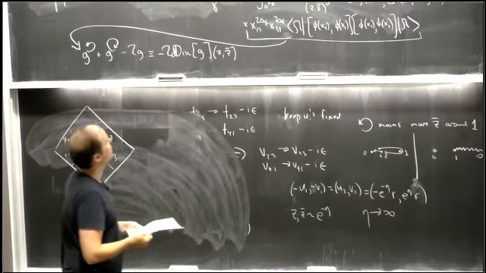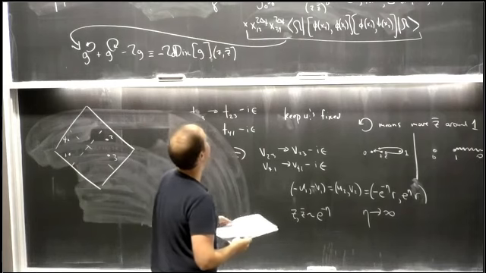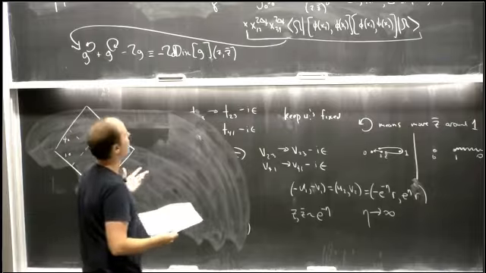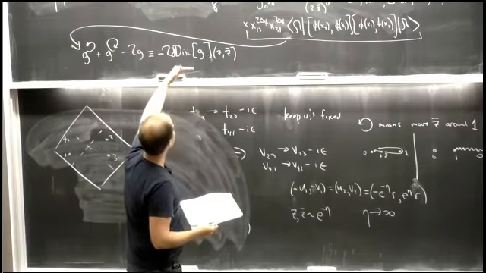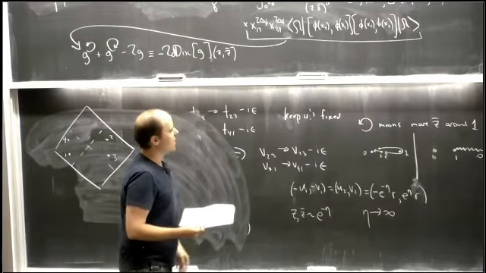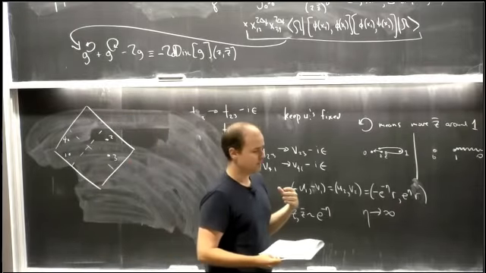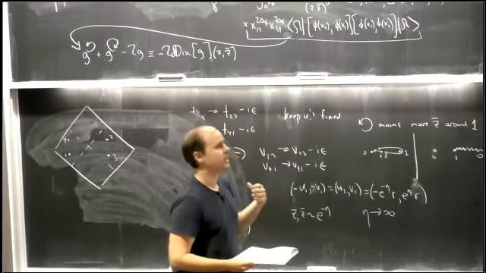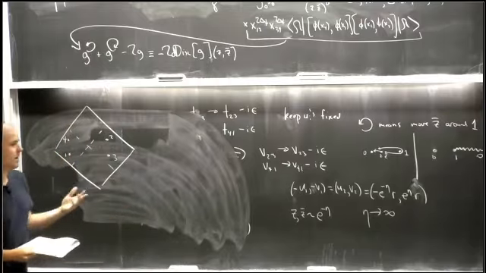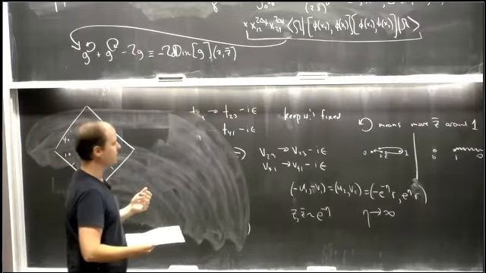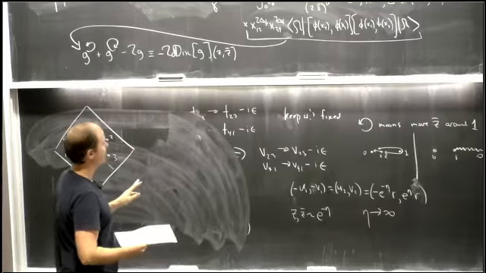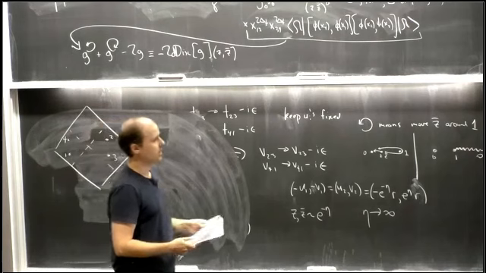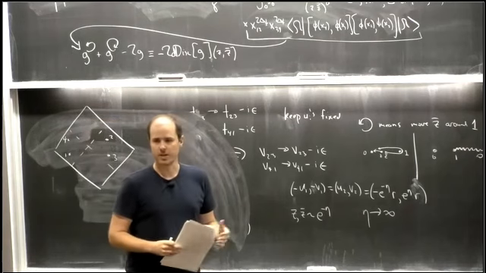Okay, so this formula has some really beautiful properties. One important property is that the double discontinuity is often much simpler than the 4-point function itself. An example of a case where it's much simpler than the 4-point function itself is, let's say, in a theory with a large n expansion.